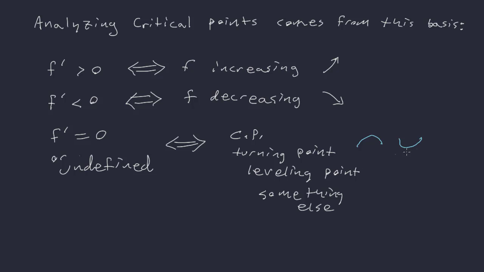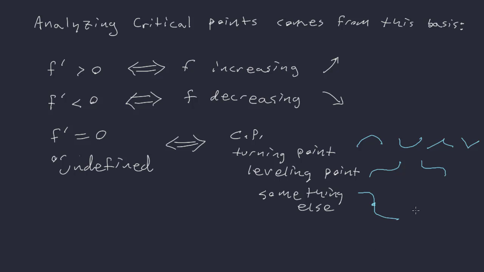It could also be doing a sharp turn, which would happen if the derivative is undefined. It could be a leveling point where it doesn't really turn, but it still has a horizontal tangent line there. Or it could be something like this where you have a vertical tangent line.